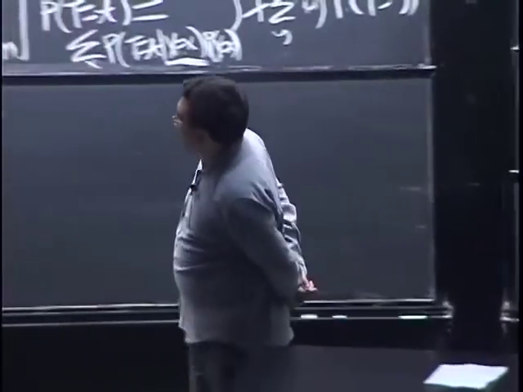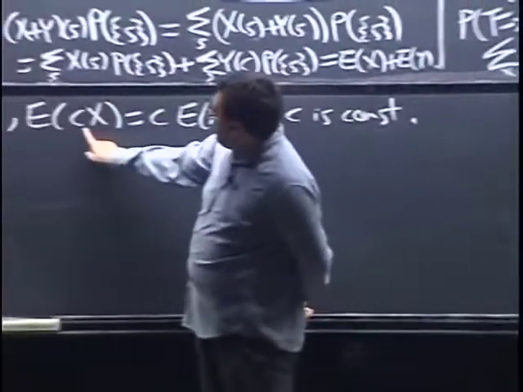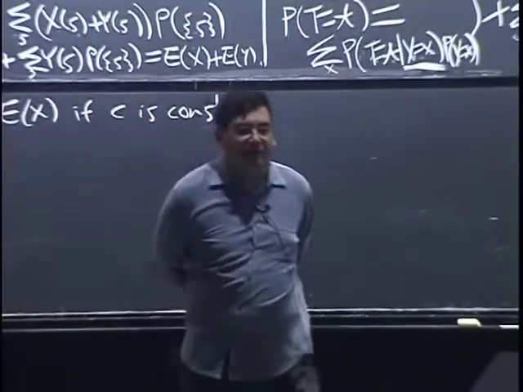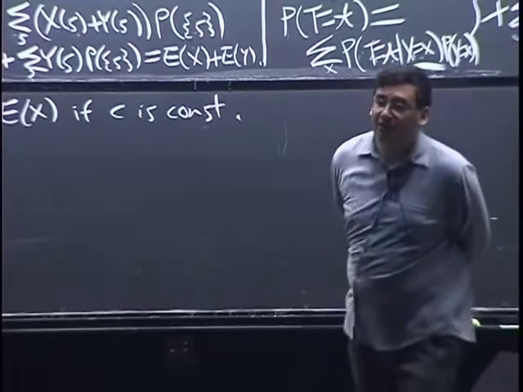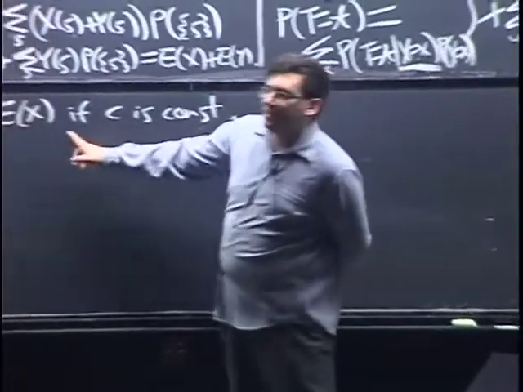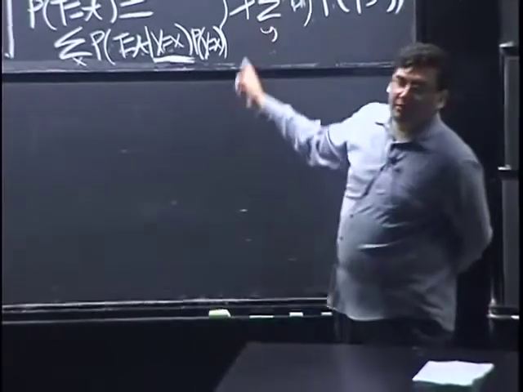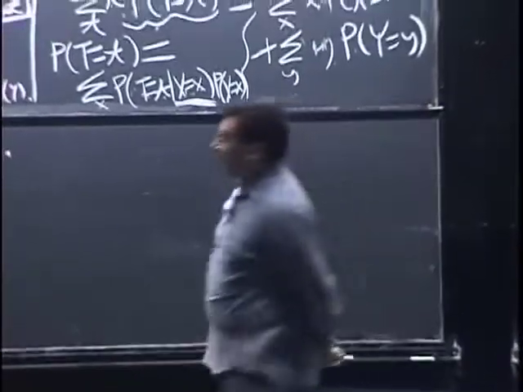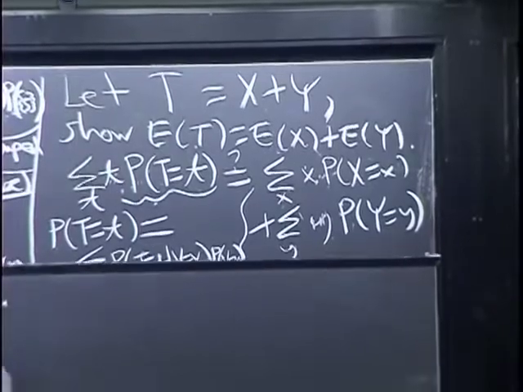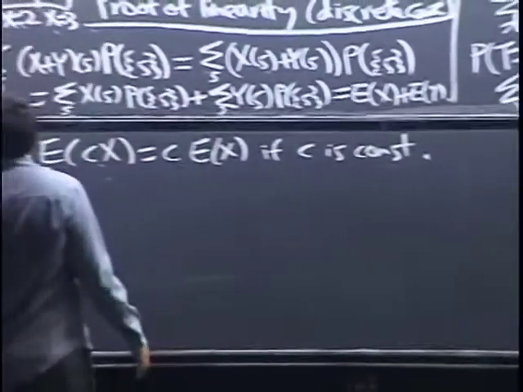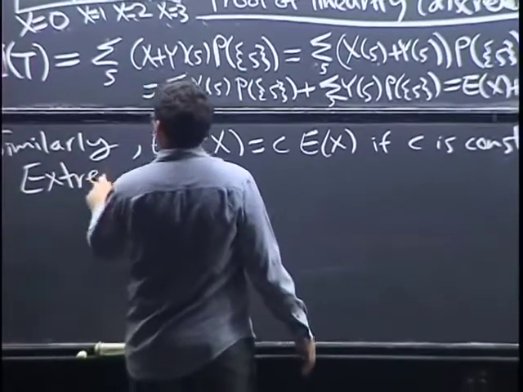But by the way, this seems pretty simple, right? If you multiply all the numbers by 3, you multiply the average by 3. It's pretty natural. But this also helps explain some of the intuition for why this is true even if x and y are dependent. Because remember, it's very useful to look at extreme cases. So here's an extreme case of dependence.